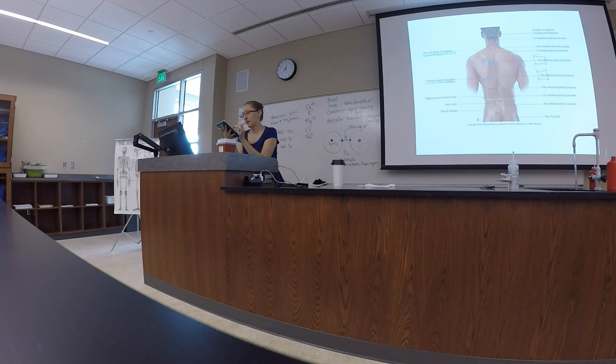And then if you go down to the iliac crest, so this highest point of the iliac crest, that is about the same level as the L4 vertebral spinous process. And if you want to know where T12 is, so that last vertebral spinous process, it is about halfway between the inferior angle of the scapula and the highest point of the iliac crest, so right about there.